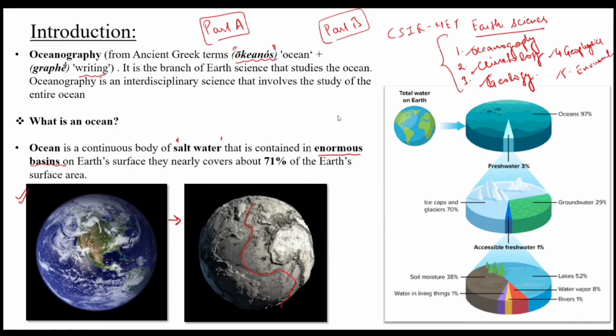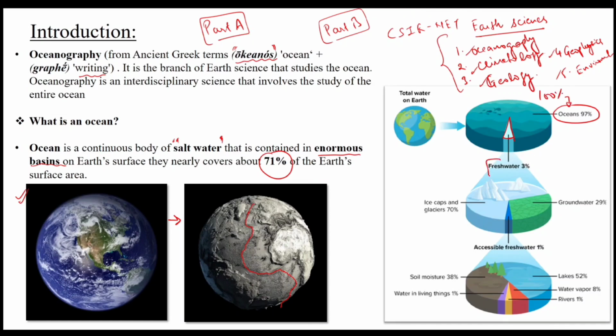Okay. So you have to focus on some aspects like 71%. What you can do, you can just note down the key points. As you see, the ocean percentage is given as 97%. Out of 100%, 97% is the ocean.